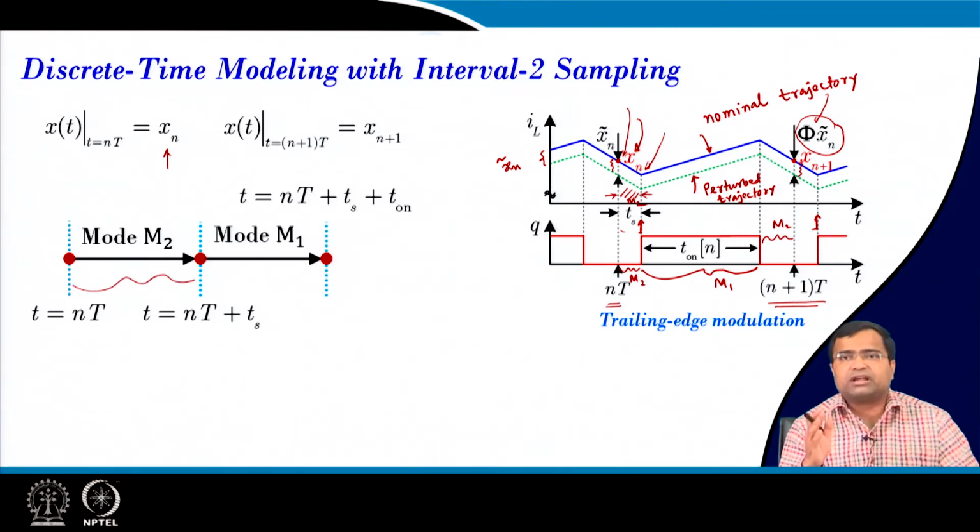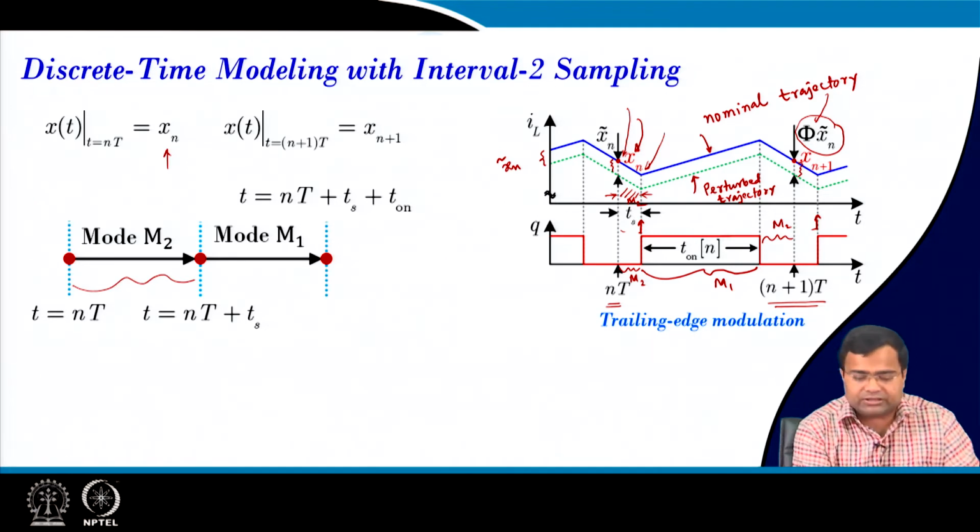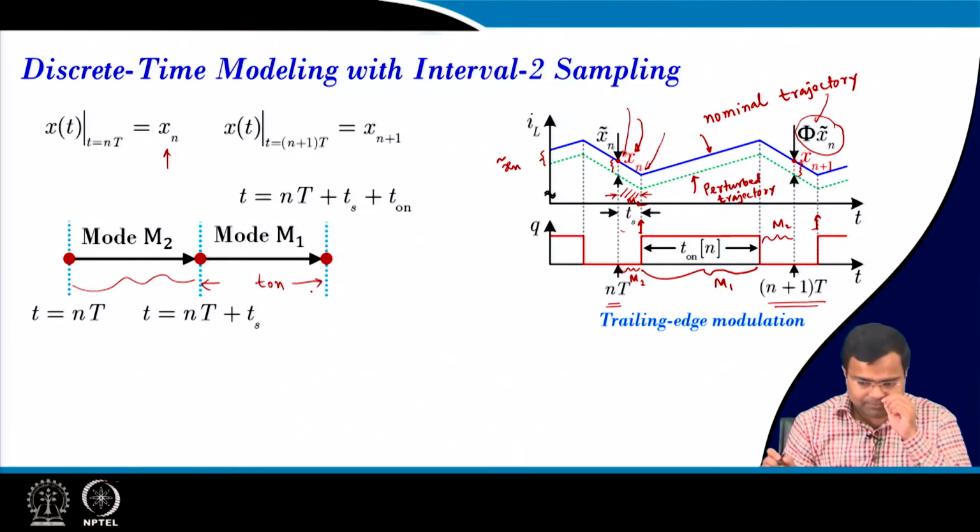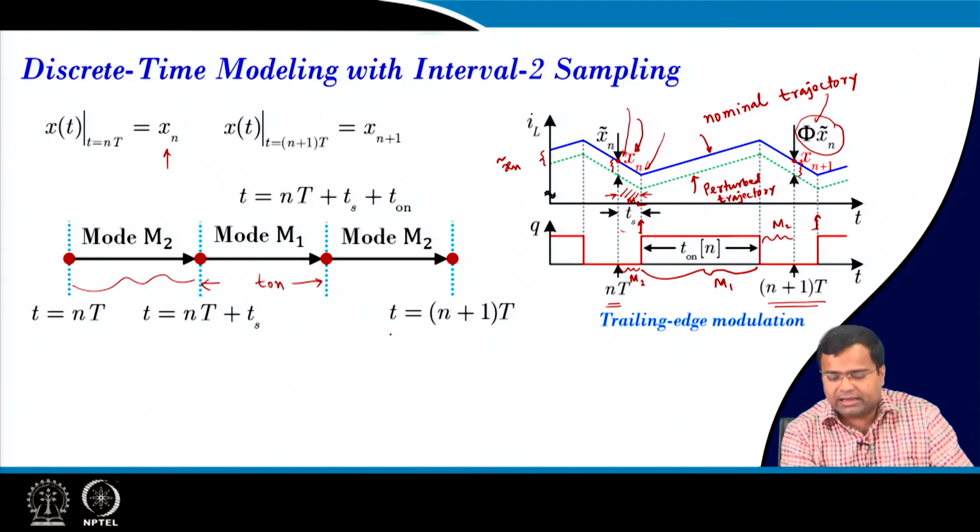Then mode 1 starts, and the mode 1 duration is the on time. The rest of the duration ends at n plus 1 T, where we take another sample.